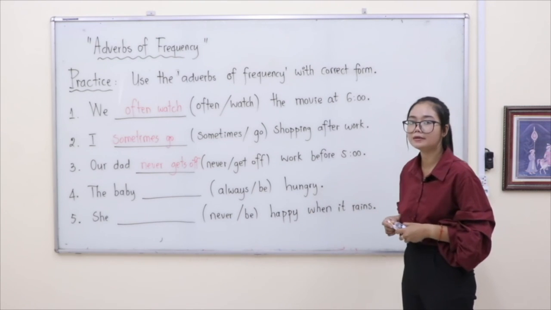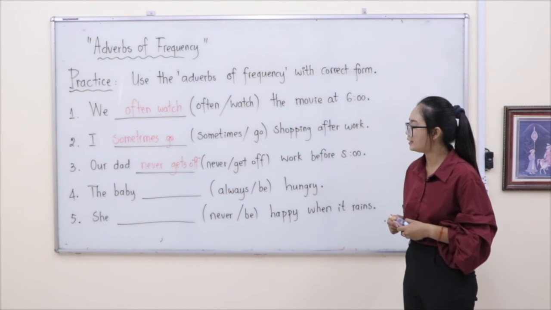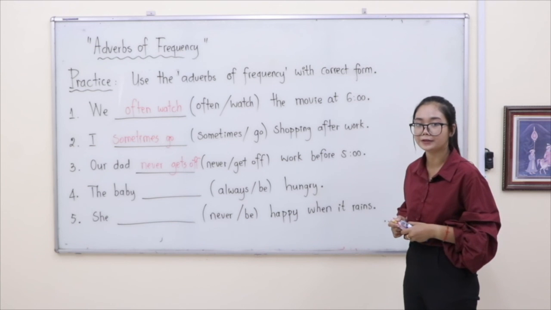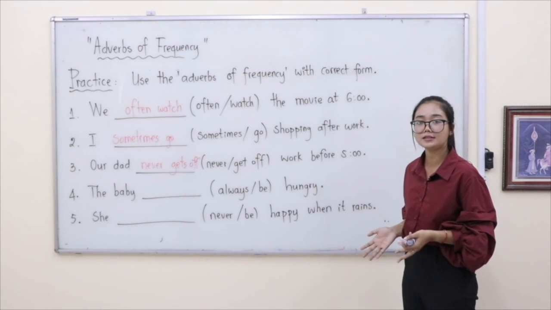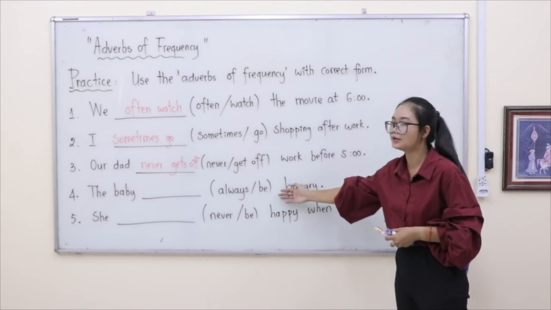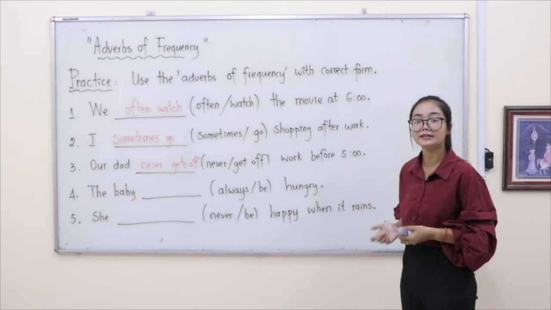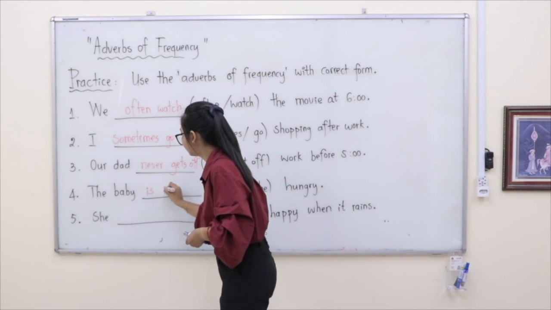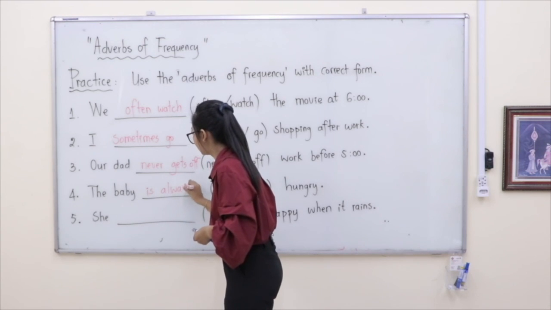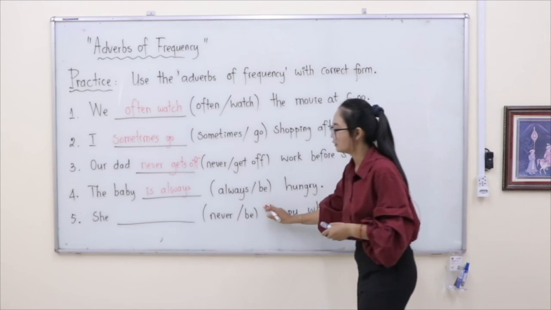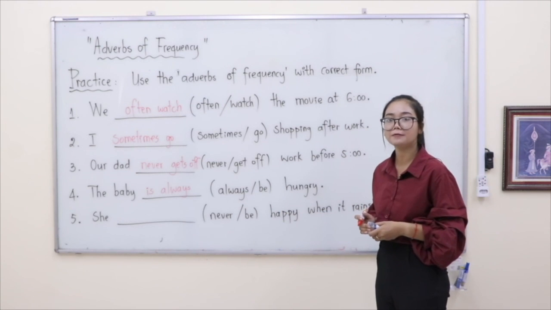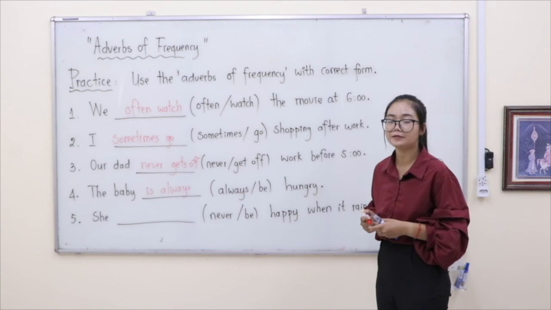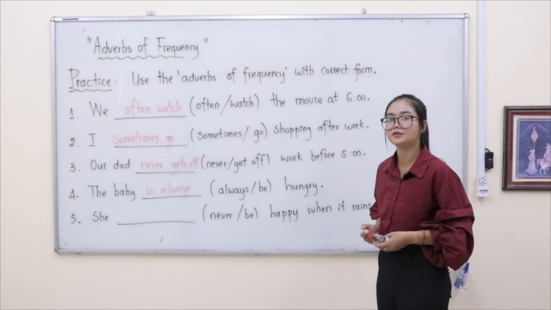Let's move on to number 4. The baby blank always be hungry. If you notice this, we don't use the main verb, but we use the verb be. So what is the answer? As what we learned, we use the adverb after the verb be.